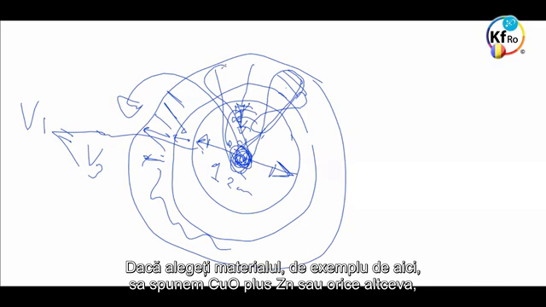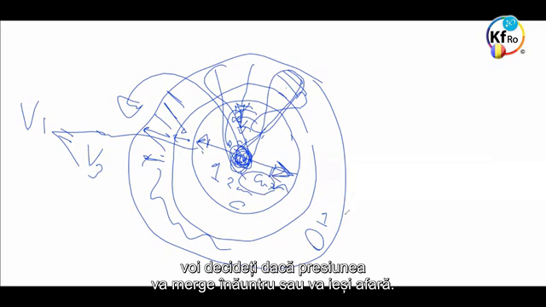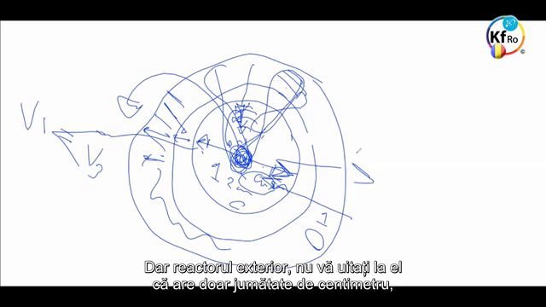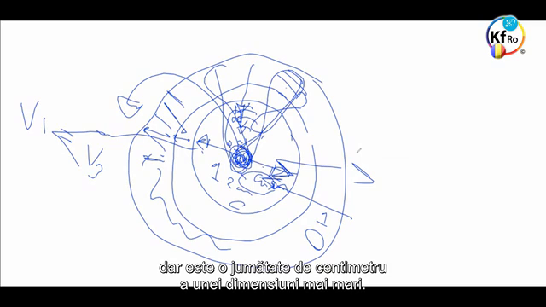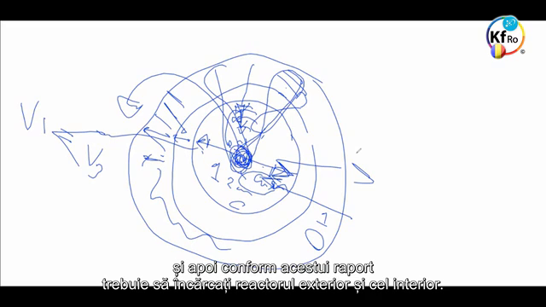If you choose your material, for example, here, let's say CuO plus Zn or whatever, and put the same thing, but use here a ratio of 2 to 1 or 1 to 2, you decide if you're going in or you're putting pressure out. But your outer core, to look at it, it's only half a centimeter, but it's a half centimeter of bigger dimension. Just do a small calculation about the volume of the sphere, you'll find out the ratio. And then in that ratio, you have to load up the outside core and inside core.